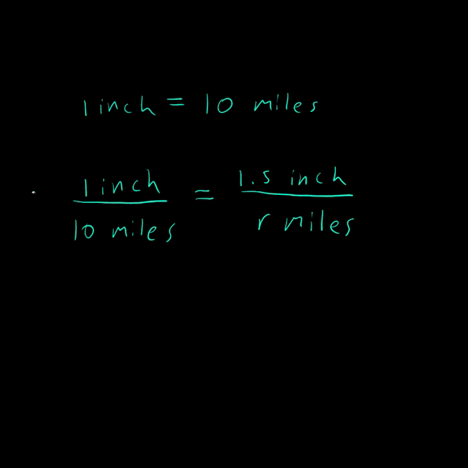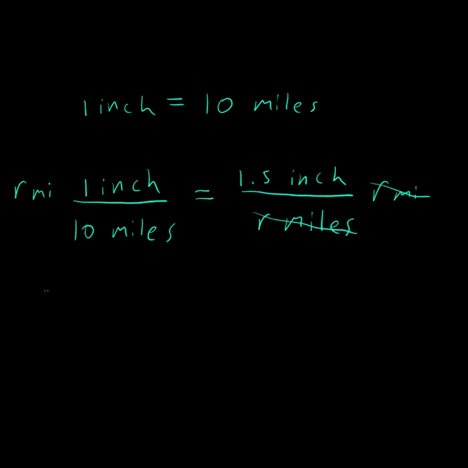Well, we would multiply both sides of this by r, miles. I'm just going to use mi. The r's cancel over here. Then I'm going to multiply both sides by 10 miles and then divide by 1 inch. So I'm going to multiply both sides by the reciprocal of this fraction.